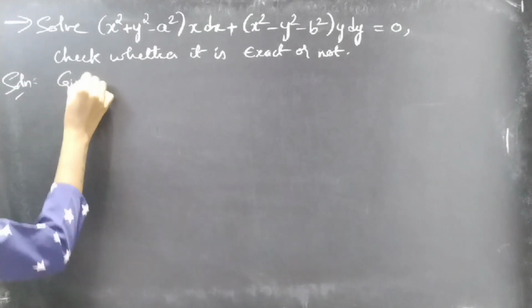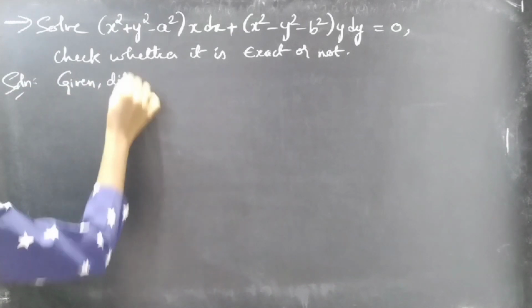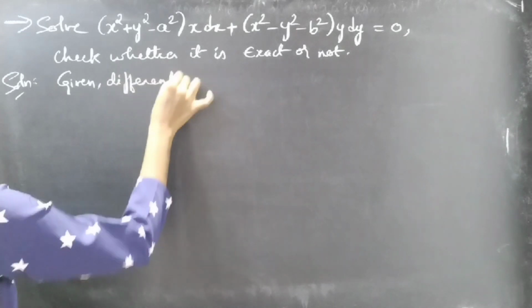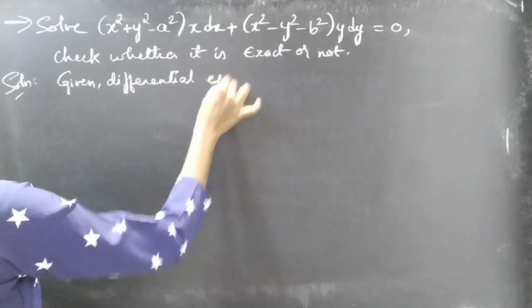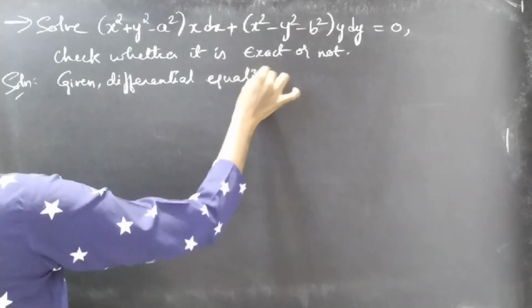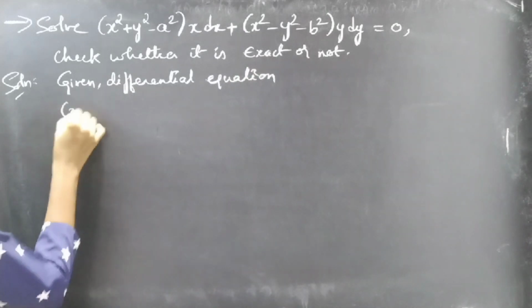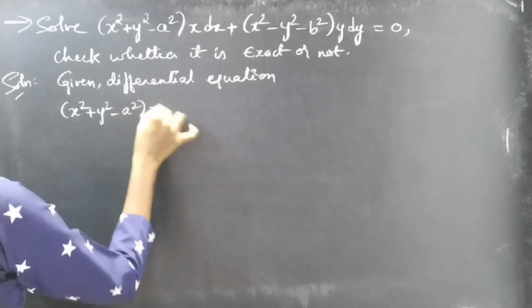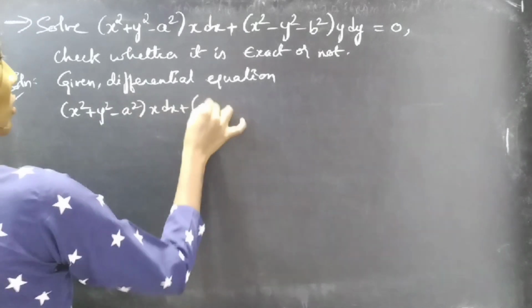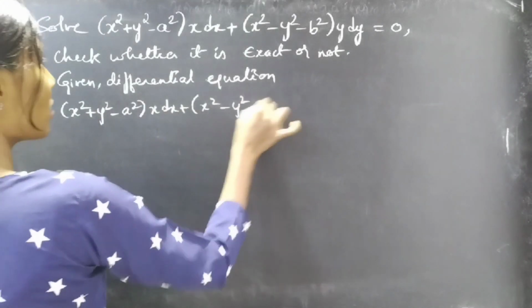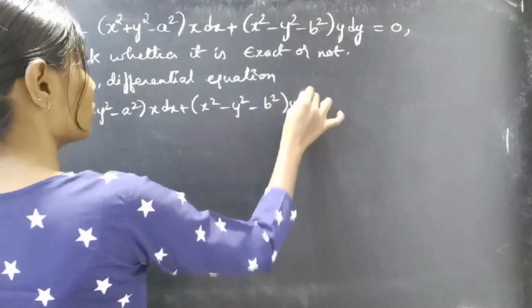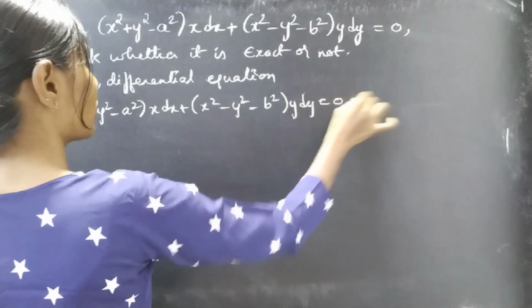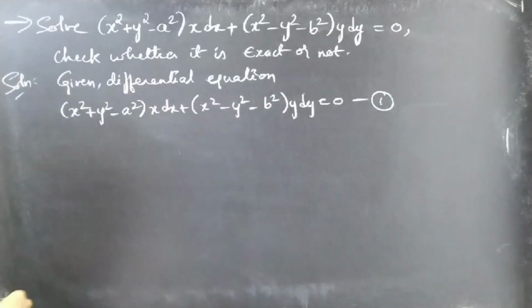Solution: given differential equation, (x² + y² − a²) x dx + (x² − y² − b²) y dy = 0. Consider as equation number 1.